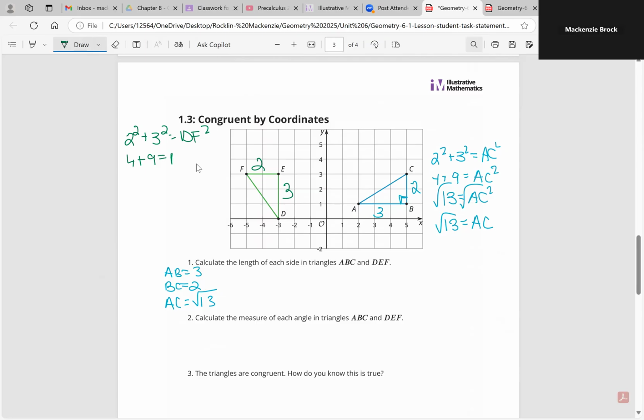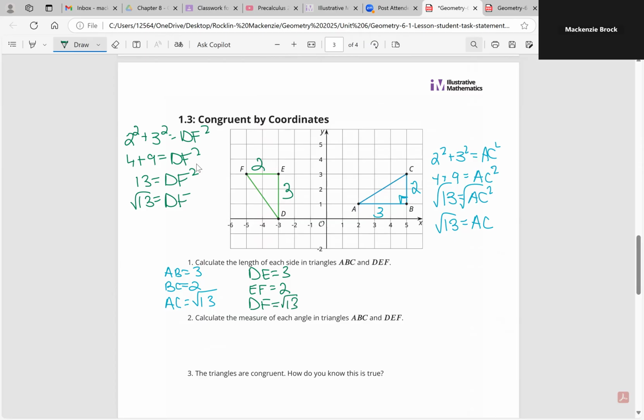You shouldn't really have to work this out, but I'm going to just in case. So the square root of 13 is DF. All right, DE is 3, EF is 2, and DF is the square root of 13.